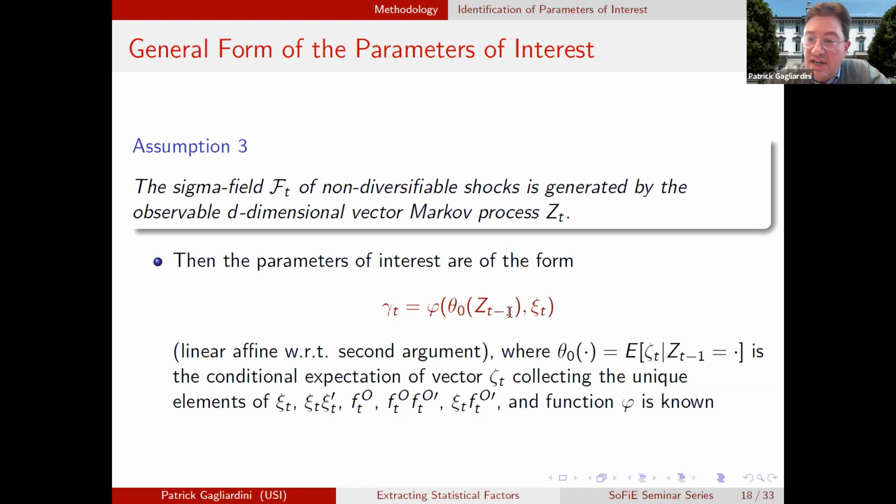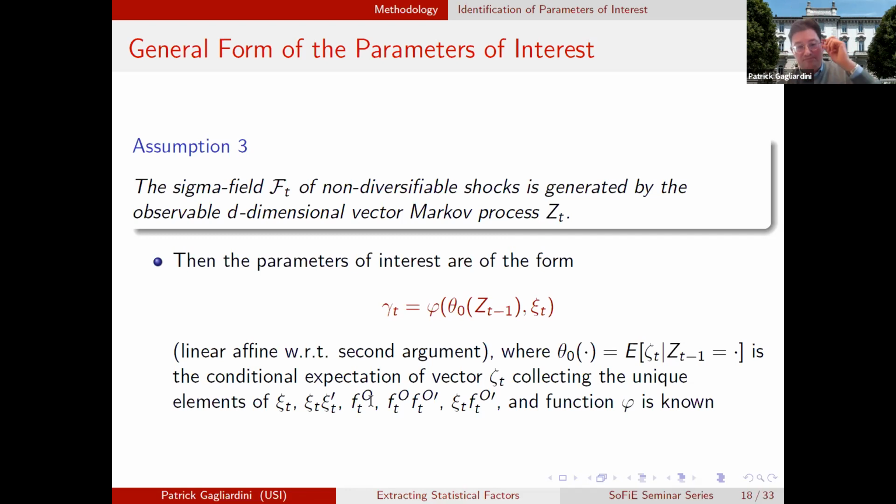So they can be written as some known function, let's say phi, of this functional parameter theta 0, which corresponds to the conditional expectation given Zt minus 1 of a vector whose elements are the cross products between these instrument weighted portfolio returns psi t, possibly augmented by this latent factor.